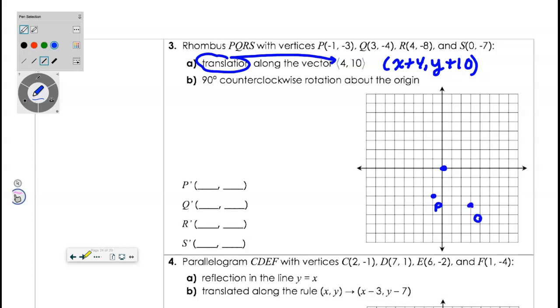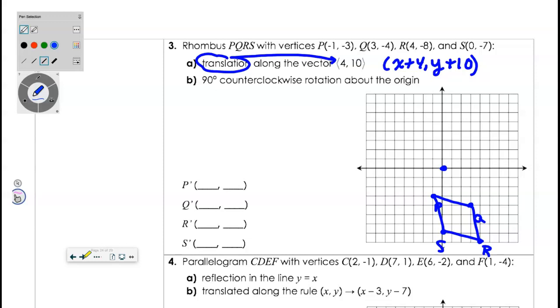That's my Q. I'm going to go 4 to the right and 8 down, and it's an 8 by 8 grid, so I go all the way to the bottom there. And then 0, -7. That's my S.